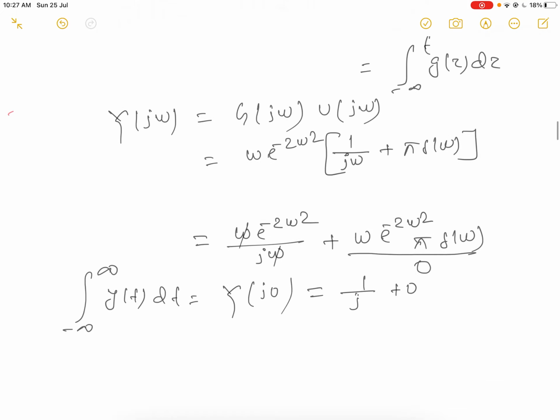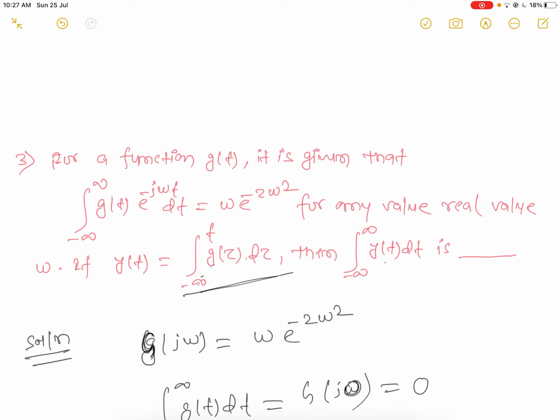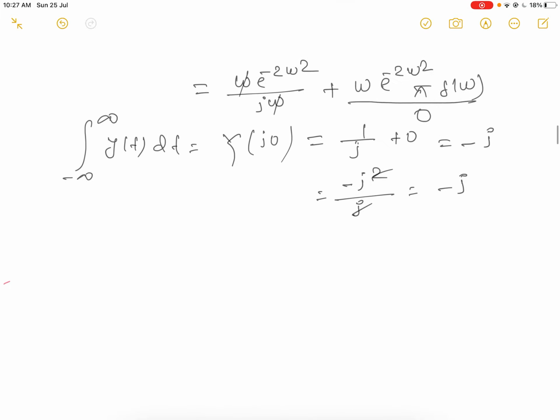Then how much can we say? Minus j, because we can write 1 as minus j square upon j. They cancel out, and this becomes minus j. Okay, the option is not given, so minus j will be the right answer.